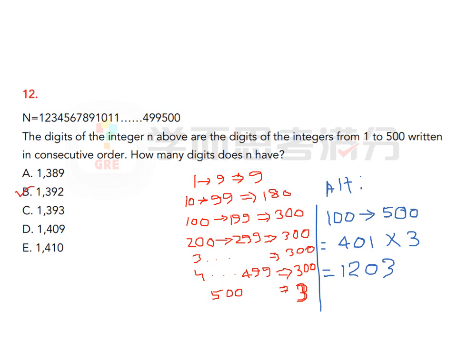And from 100 to 500 we have 401 integers. How have we found it? 500 minus 100 plus 1, so 401 integers, multiplied by 3 as there are 3 digits, so there are 1203 digits. So add 9, 180 and 1203, and we get the same answer, that is 1392.